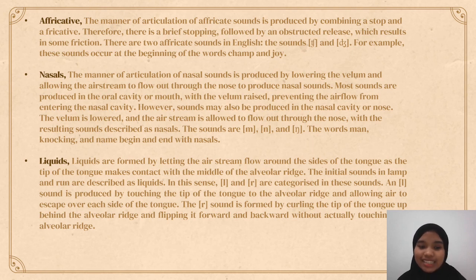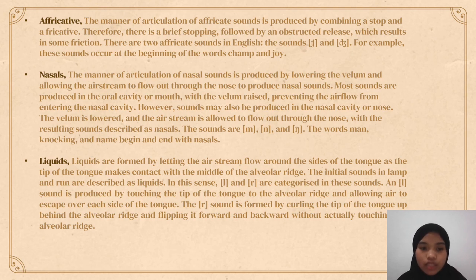So the next is nasal. The manner of articulation of nasal sound is produced by lowering the velum and allowing the air stream to flow out through the nose to produce nasal sounds. Most sounds are produced in the oral cavity or mouth, with the velum raised, preventing the airflow from entering the nasal cavity. However, sound may also be produced in the nasal cavity or nose.